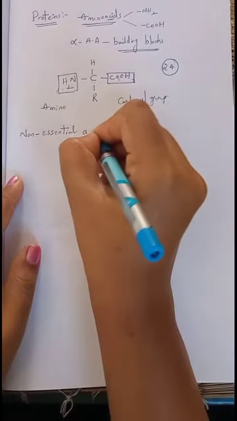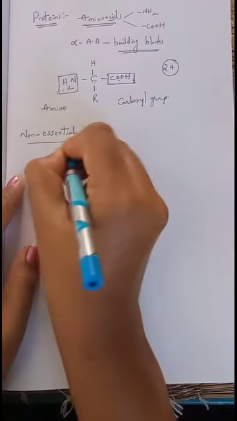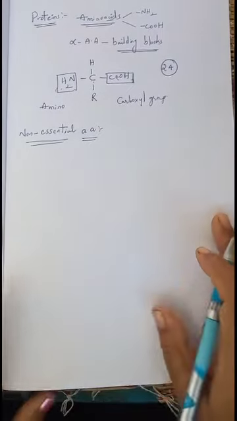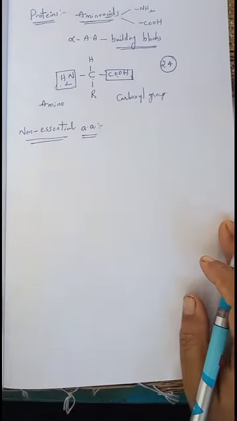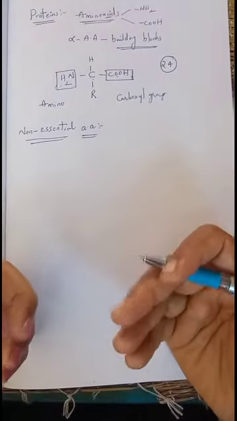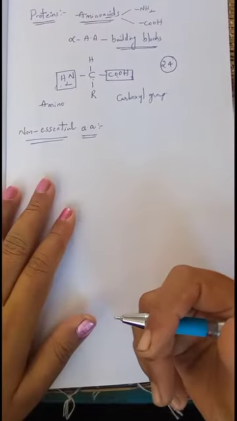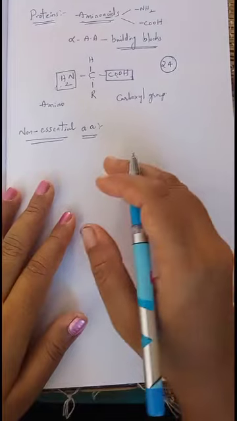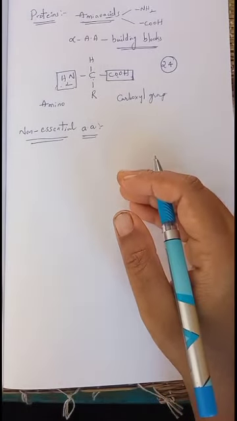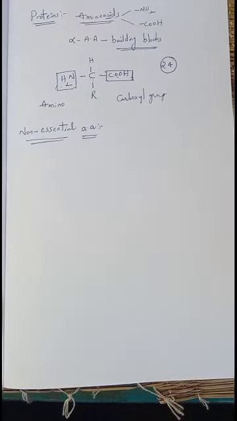Non-essential amino acids. We know what essential is. Essential means required. Non-essential means it's not required. Why are they not required? Because the human body itself can prepare this type of amino acids. The human body can synthesize 10 amino acids and hence they are called non-essential amino acids. They are available in the human body itself.